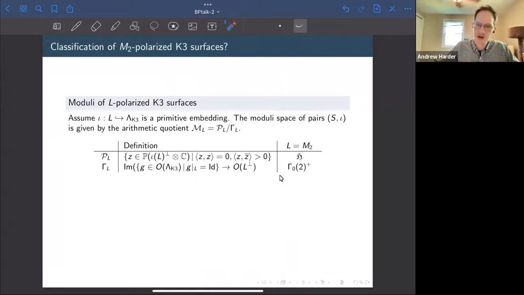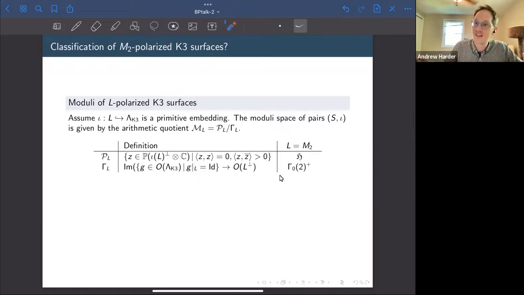So the group that I'm interested in is Gamma_L. This is the image of a particular map inside of the orthogonal group of L perp. I should actually maybe have written an iota L perp here. So I take those elements in the orthogonal group of the K3 lattice, so that when I restrict to the lattice L, or the image of L, I get the identity.